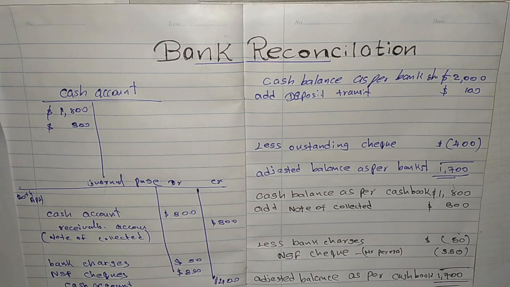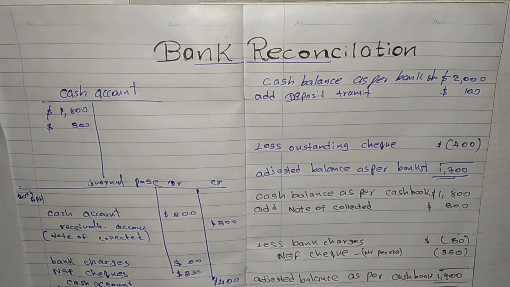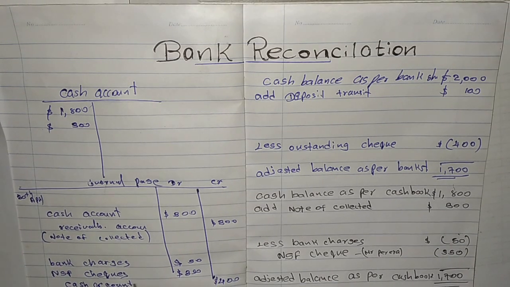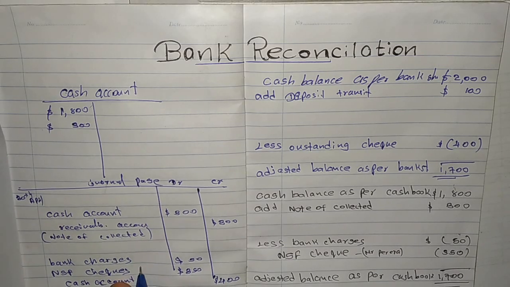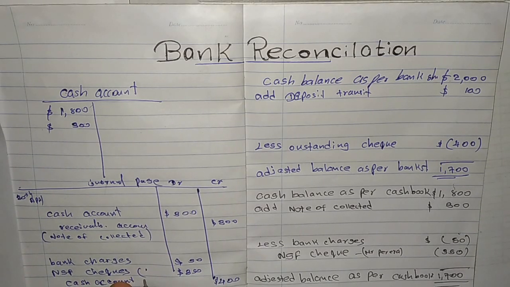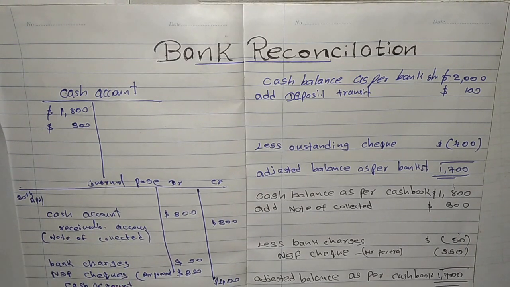So we are going to debit our accounts receivable. We think this bounced check was by Mr. Pereira.